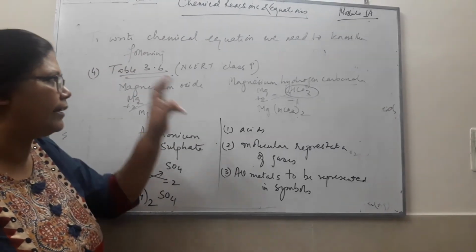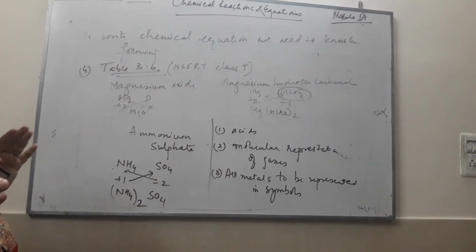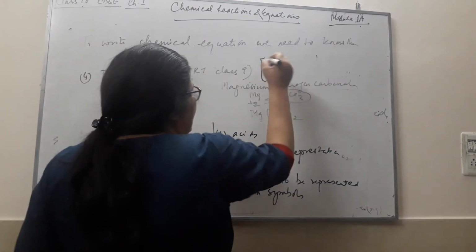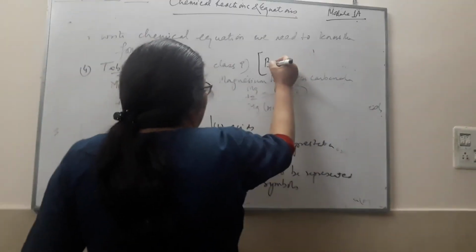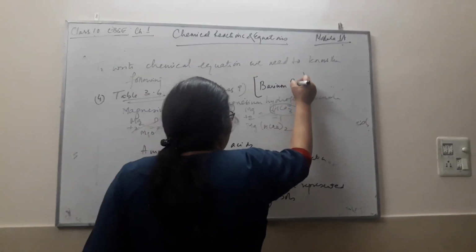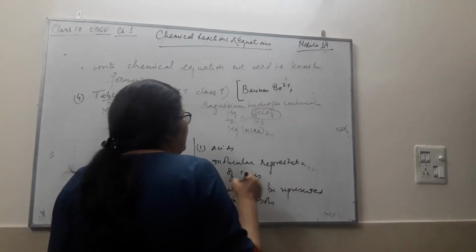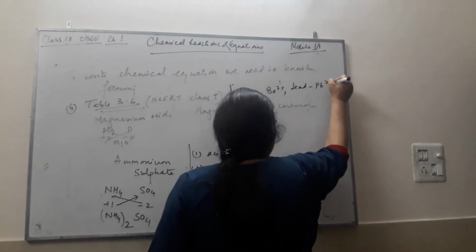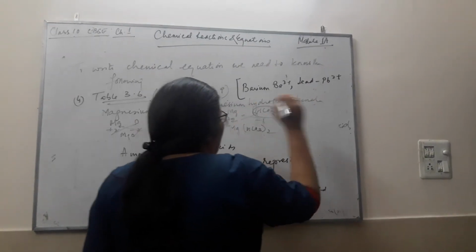You can create any formula, but that table does not have some of the valencies, like barium, Ba2 plus, you have to remember this, lead, Pb2 plus.